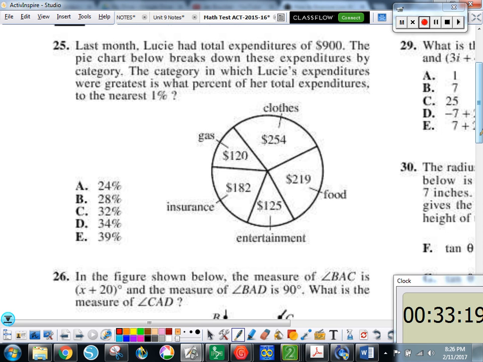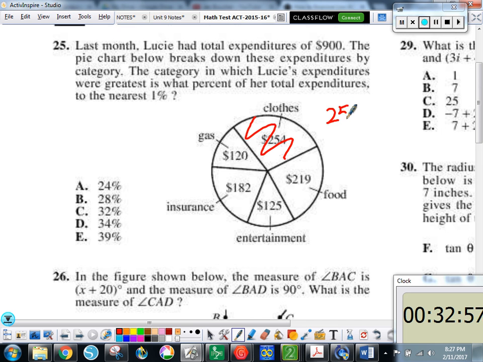Lucy had total expenditures of $900. The pie chart below breaks down these expenditures by category. The category in which Lucy's expenditures were greatest is what percent of her total expenditures? To the nearest 1%. So greatest was clothing.